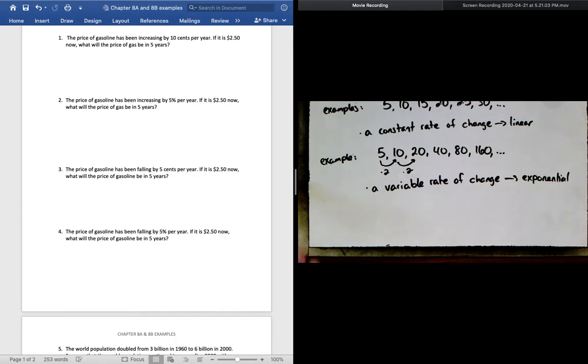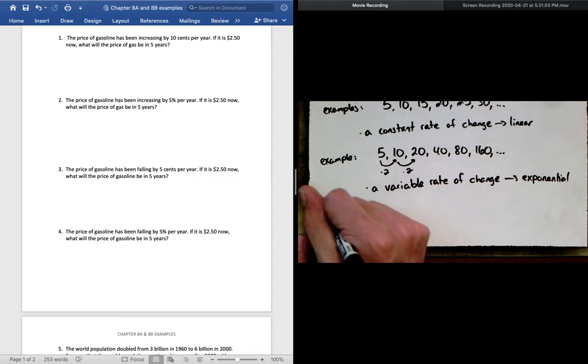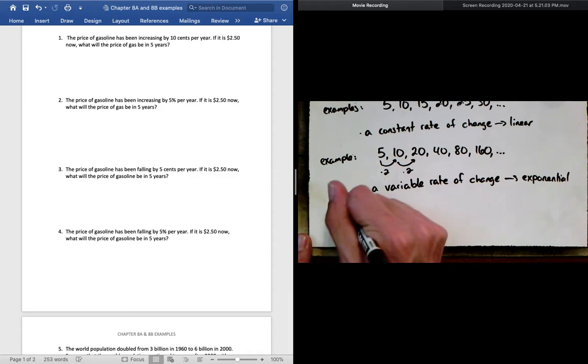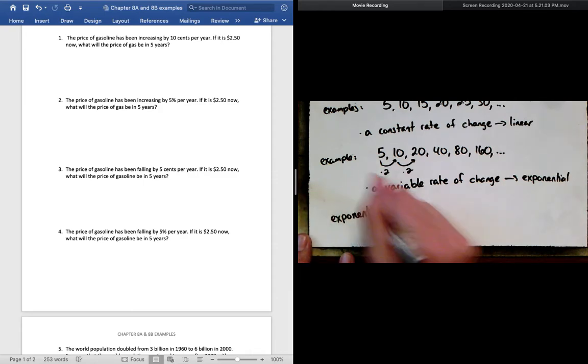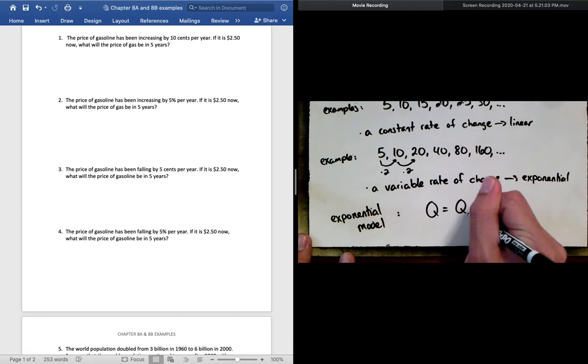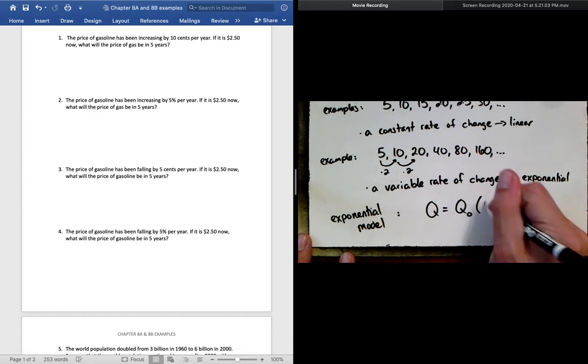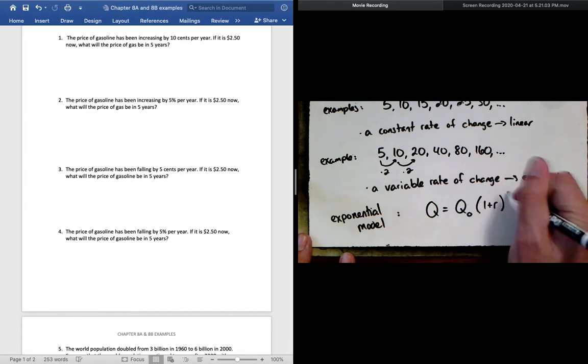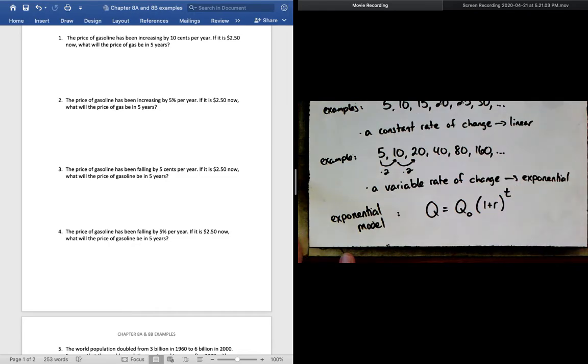It turns out we come up with a new equation. The exponential model looks like this. Q is equal to Q naught times 1 plus R raised to power T. Q naught here is going to be the initial value, kind of like the y-intercept in the linear case.